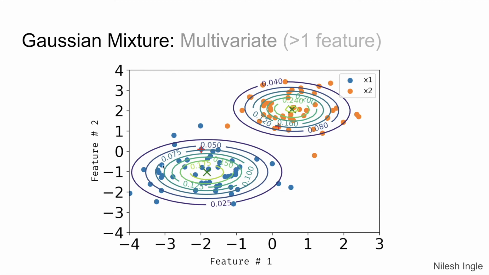So what this is telling us, based on the values of the probability, is that these data points are more likely to have come from the Gaussian distribution represented by these contours shown here at the bottom, and the same thing goes for the distribution for the orange data points shown up top.